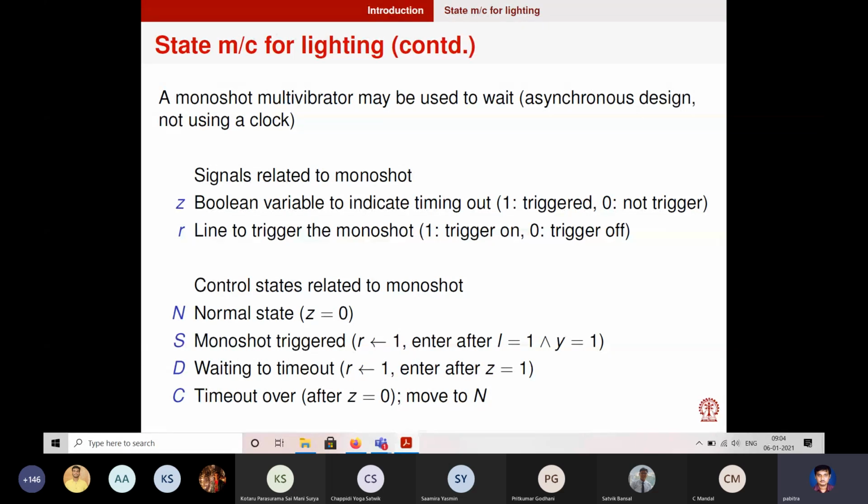We can use the following states. See, what we are doing is a design based on our understanding of this lightning problem. This is what is called domain knowledge. You look at the system, what the system requirements are, you analyze as a human being, and you come up with the following states, the following variables, the following inputs and outputs.